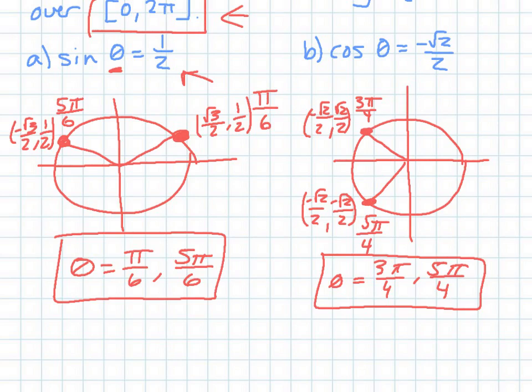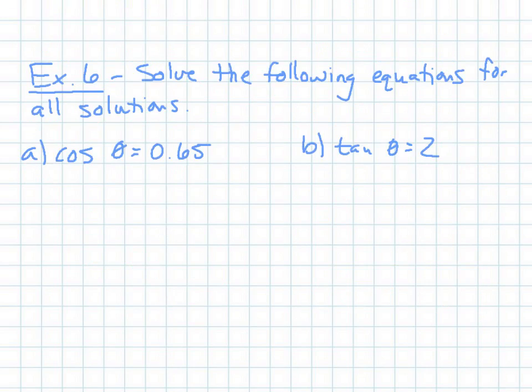Okay? Now let's look at when your equation would be for all solutions. So for all reals is another one that they would say, or for all real numbers. Okay? If I have cosine of theta equals 0.65, now that angle is not really on the unit circle.